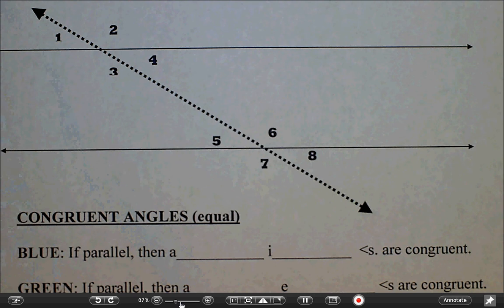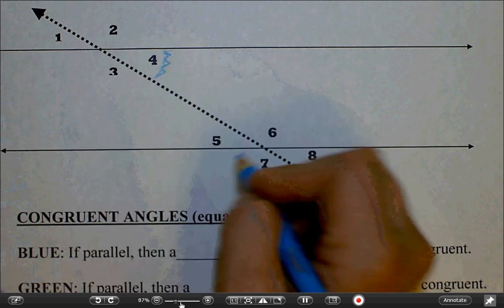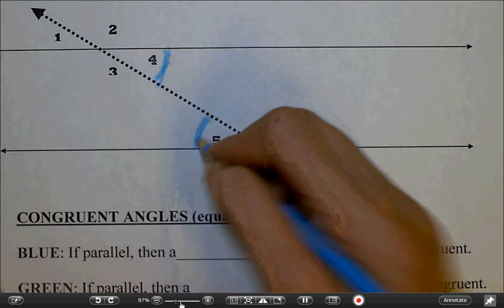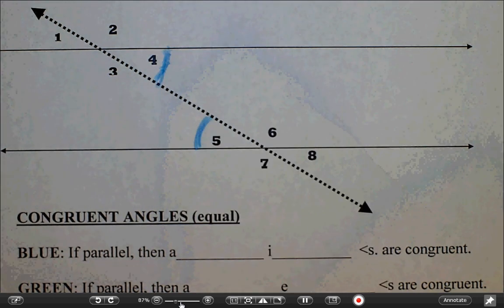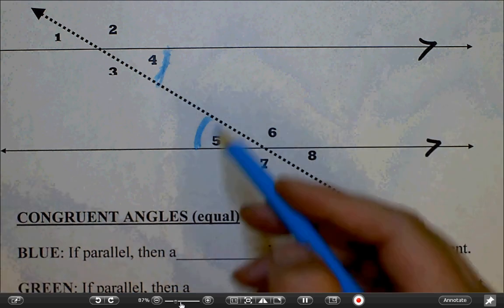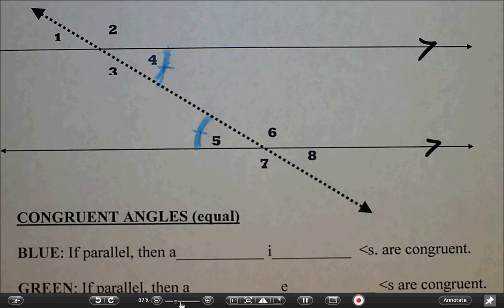So in this case, we have alternate interior angles. That would be angles 4 and 5. When lines are parallel, these guys are going to be congruent. But 3 and 6 are also equal. Those are alternate interior angles.